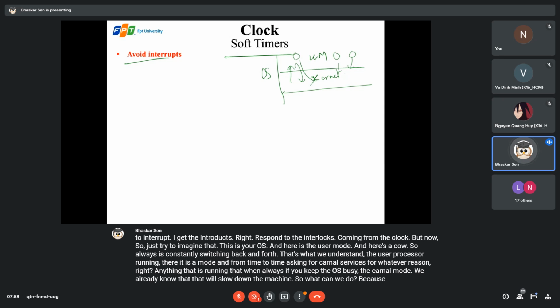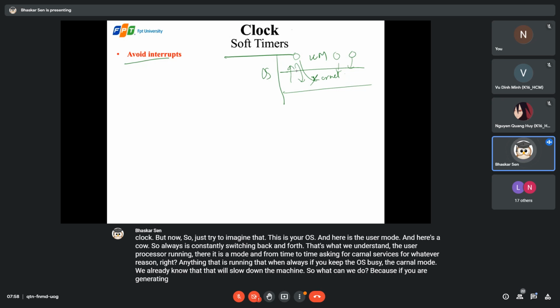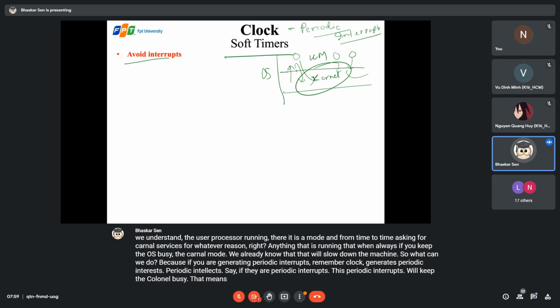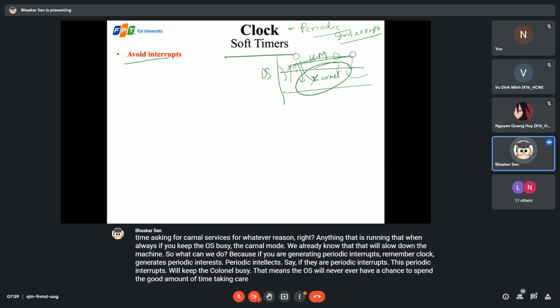Because if you are generating periodic interrupts, remember, clock generates periodic interrupts. So if there are periodic interrupts, these periodic interrupts will keep the kernel busy. That means the OS will never ever have a chance to spend a good amount of time taking care of the process in the user mode.